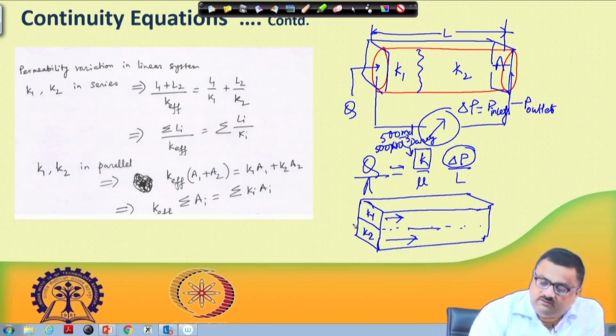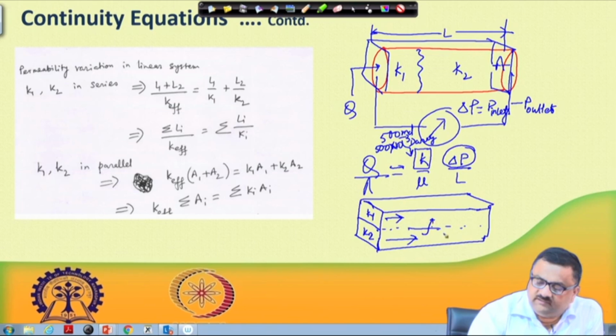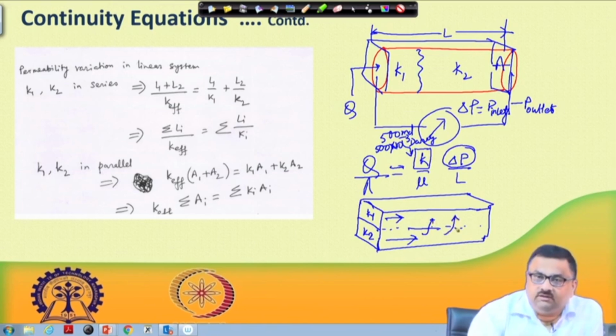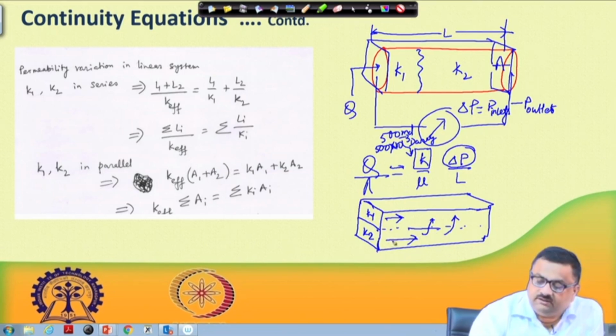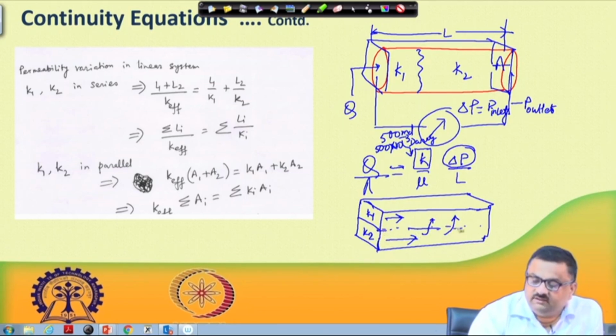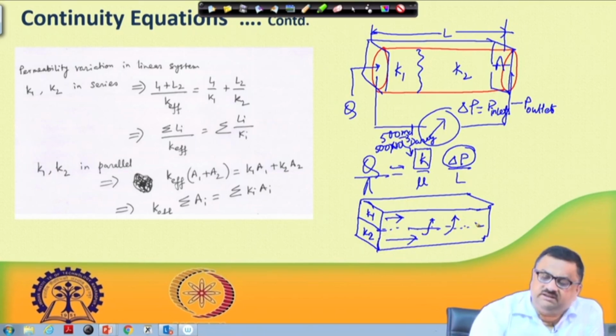One must ensure that there is no cross flow happening, so these two permeabilities must somehow be separated. Particularly if K1 and K2 vary by orders of magnitude, you can expect that fluid will tend to channel through the higher permeability region. So, one must have this separation in place, which is not the case for permeabilities in series.